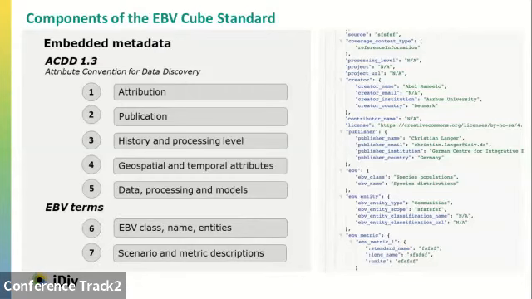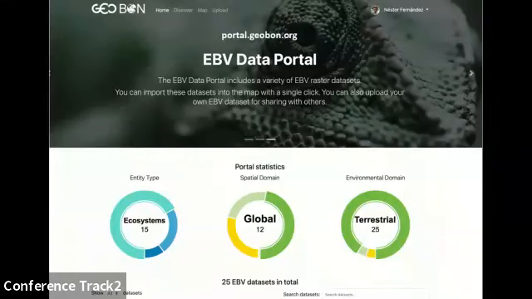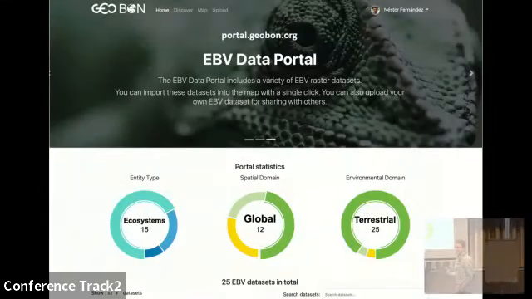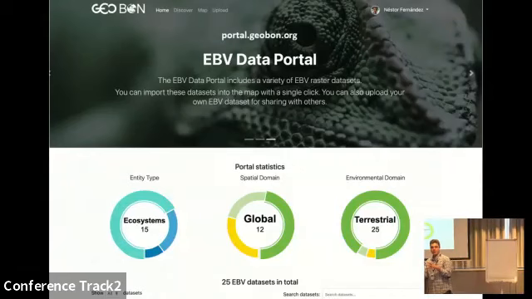And finally, there is a group of what we call the EBV terms, terms of the essential biodiversity variables, that makes reference to biodiversity attributes. Those are the class of essential biodiversity variable, name, entities that are in there, what is scenario and metrics descriptions, and so on. Okay, so this metadata standard goes very closely together with an infrastructure we are developing here, which is the EBV data portal.